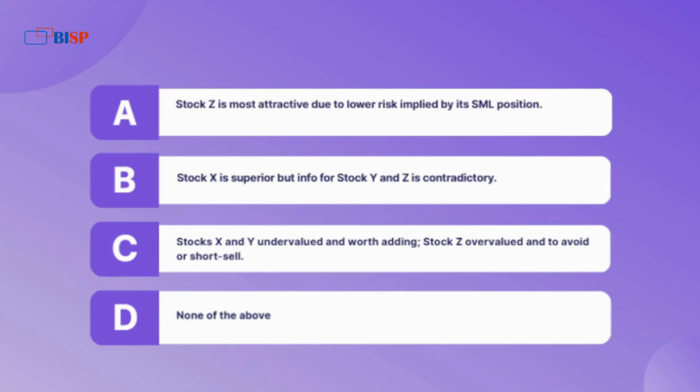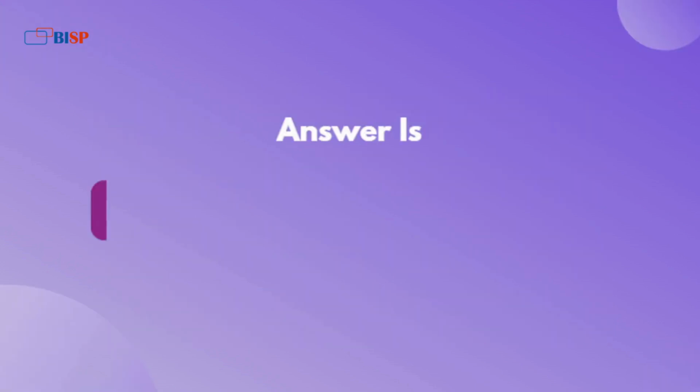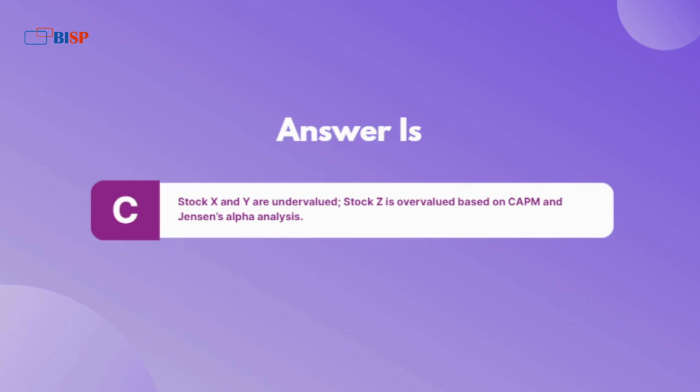C. Stocks X and Y undervalued and worth adding, stock Z overvalued and to avoid or short sell. D. None of the above. Answer is C. Stock X and Y are undervalued, stock Z is overvalued based on CAPM and Jensen's alpha analysis.